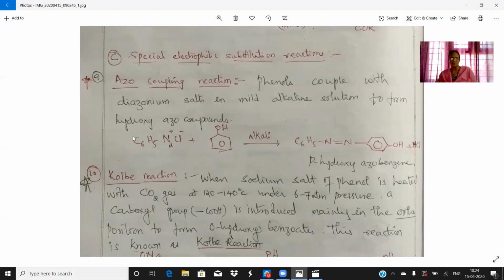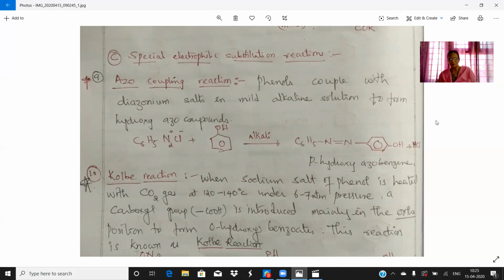Now, let us see the reaction. Here, this is benzene diazonium chloride. C6H5 is the phenyl group; di means 2, aza means nitrogen, so it is benzene diazonium chloride, C6H5N2Cl. This is treated with phenol in the presence of a mild, that is weak, alkali, a base. Then we get this compound: the H from the para position of the phenol and the Cl are removed as HCl.